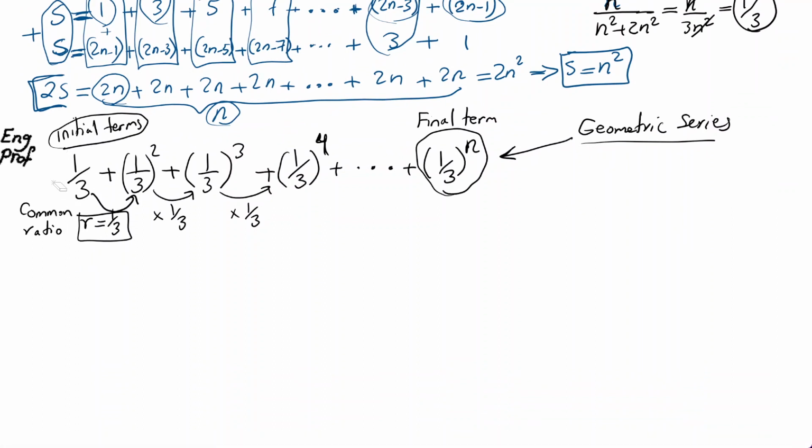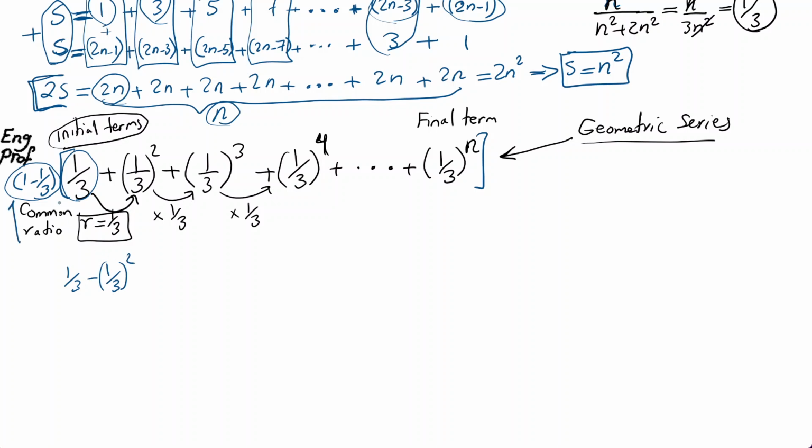If we multiply the whole thing by 1 minus 1 over 3, or 1 minus r, and of course divide by the same, I'm not showing the divide here, I'm going to show it here. When you multiply this with the first term, we get 1 over 3 minus 1 over 3 squared.